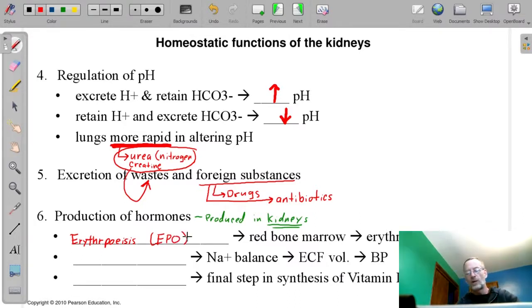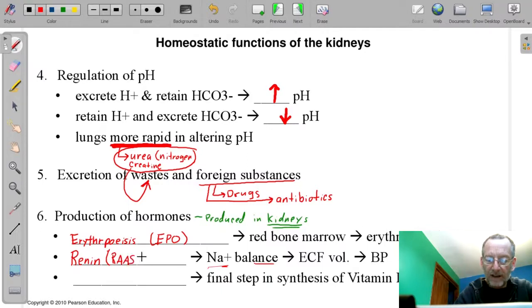And another hormone that was produced in the kidneys that indirectly affects water balance, ECF, and blood pressure was renin. So do you remember how renin works on the sodium balance? This takes you back to RAS. And one of those A's is for aldosterone.